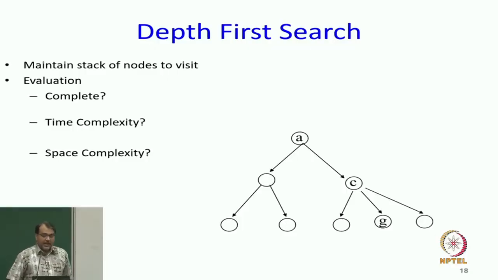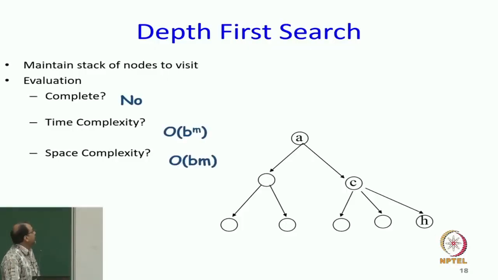So, we also did some time complexity and space complexity computations, and we realized that for depth first search, the time complexity came out to be exponential in the maximum depth of the tree, but the space complexity came out to be only linear, b times m, where b is the branching factor and m is the maximum depth of the tree.